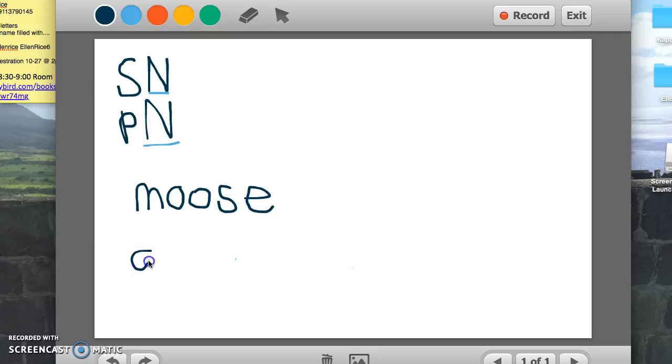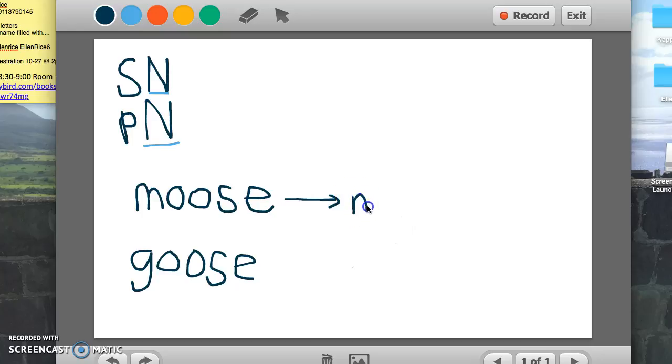Moose and goose. So for moose, this is going to be a tricky one because moose, as we've talked about, stays as moose.